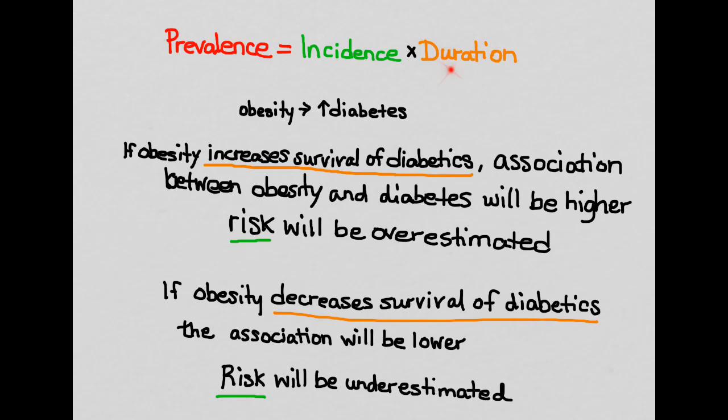This will decrease the prevalence, but not because the risk is lower, it's just because the likelihood of survival is lower as a function of exposure. So in that case, the risk will be underestimated. So what these two things show is the problem with looking at prevalence data as an estimate of risk.